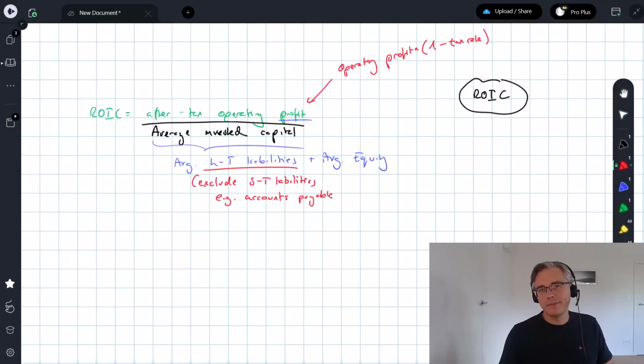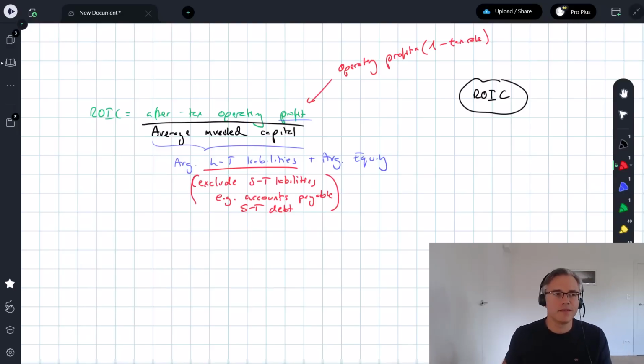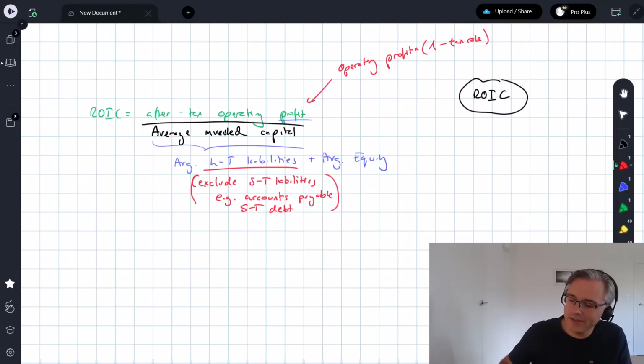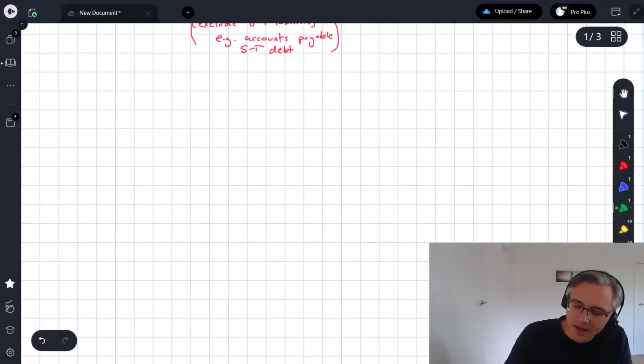And anyway, they typically don't come with an explicit interest cost. Any short-term debt should be excluded. I mean, in reality, if short-term debt is a permanent feature, then you do include it, but not in this reading, right? They just want you to exclude short-term debt from your computation of invested capital, and you should be fine. This is a really easy computation.